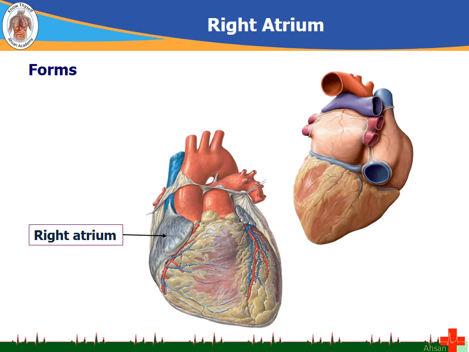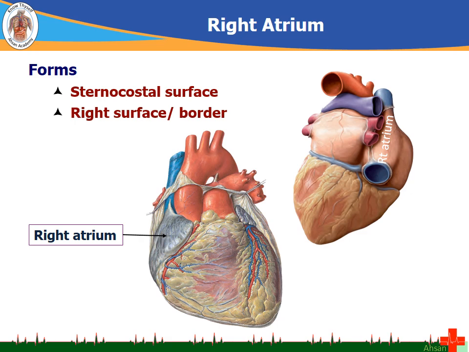The right atrium is labeled on the left figure, and on the right side this is shown from the back, and a part of the base is clearly visible and the inferior surface is visible here on the right figure. This right atrium forms the sternocostal surface. You see this on the left figure.